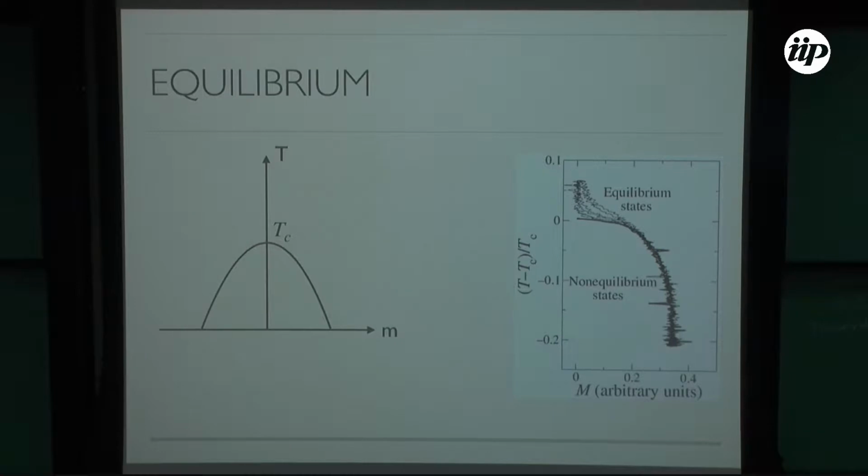So I will talk about magnets and related things, and this is the phase diagram of a magnet in equilibrium. This is an experimental realization, and basically we have a critical temperature, and below the critical temperature, of course, you have development of magnetization.